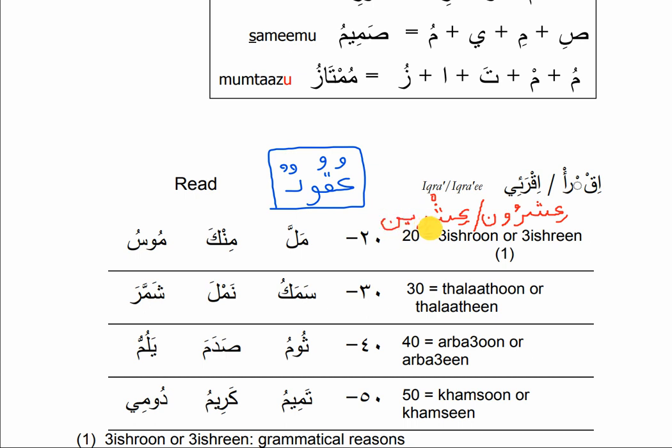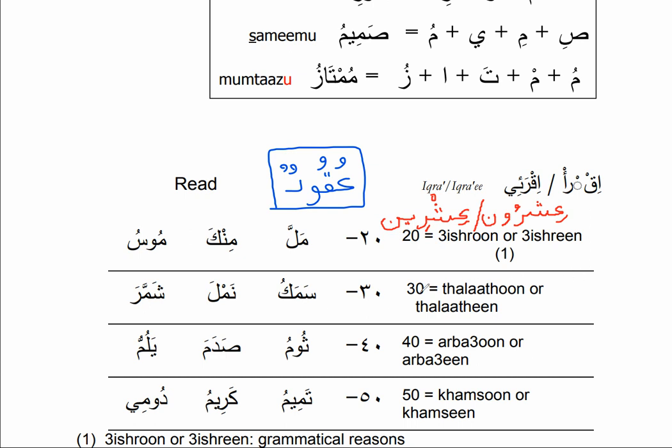Why is this changing to Waw and Ya? This is because of grammatical reasons. And when you learn grammar, you will know why it is changed to Ishrun and Ishreen. So for now, you just learn that Ishrun can be changed to Ishreen sometimes. So both can be used, Ishrun and Ishreen.